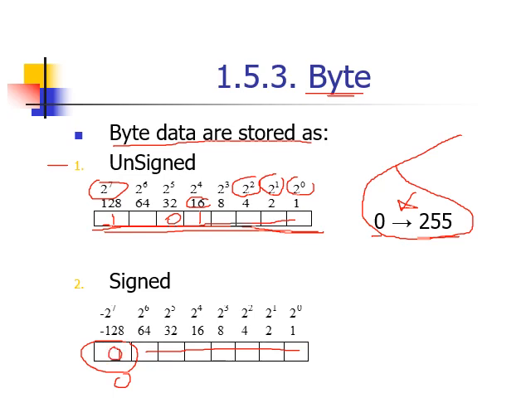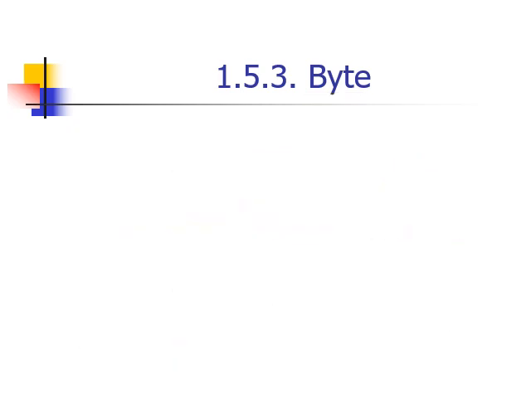Otherwise, if you have a 0 here and you add up these weights, you will get 127. So the range of the signed number is from minus 128 to 127.